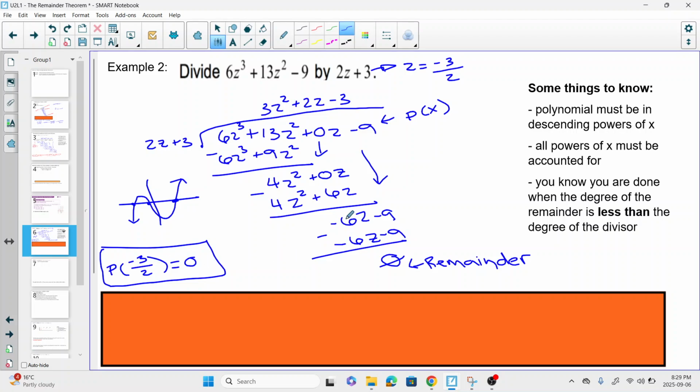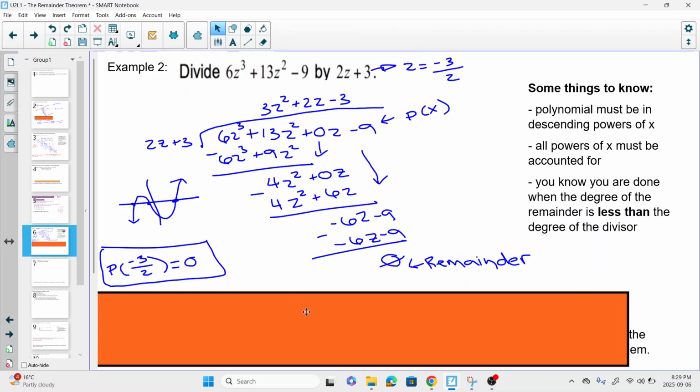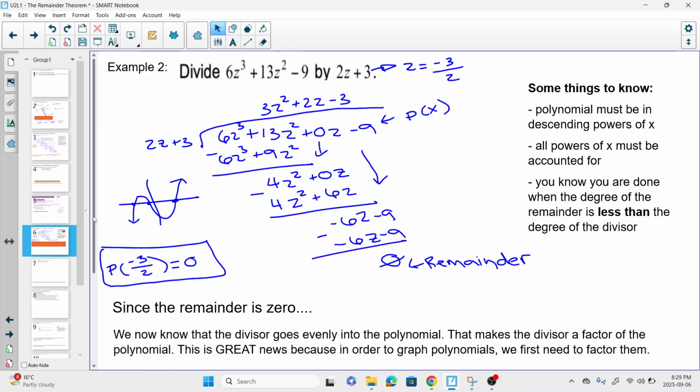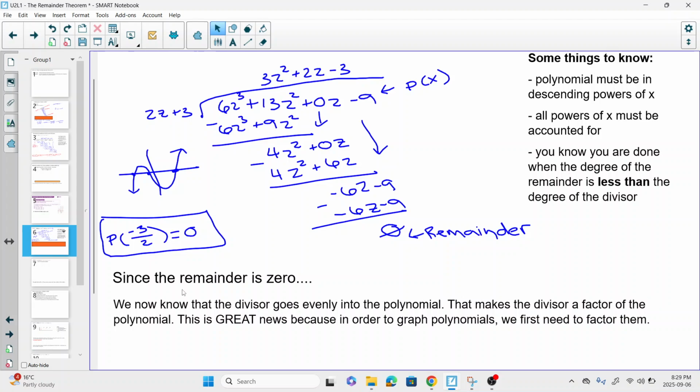So now what we've confirmed is that negative 3 over 2 is the location of one of the x-intercepts, which is pretty cool because we need to figure out the x-intercepts if we're going to graph. So finding that remainder of 0 is ultimately our goal. And again, I have it here in writing. Since the remainder is 0, we now know that the divisor, 2z plus 3, goes evenly into the polynomial, and that makes the divisor a factor of the polynomial, and this is great for graphing.